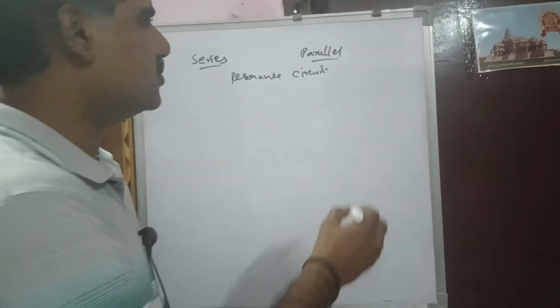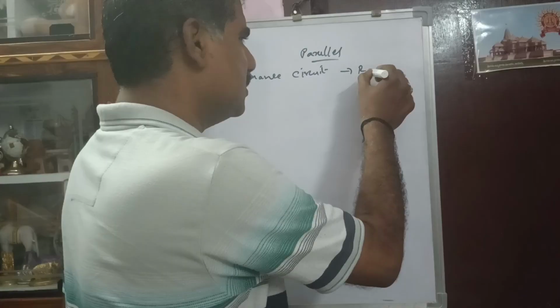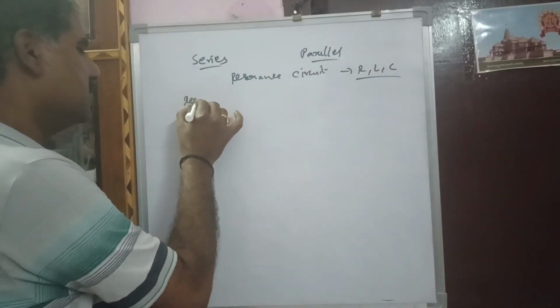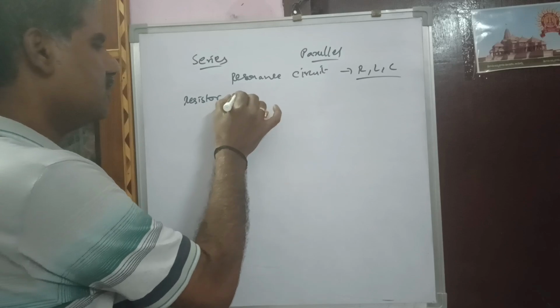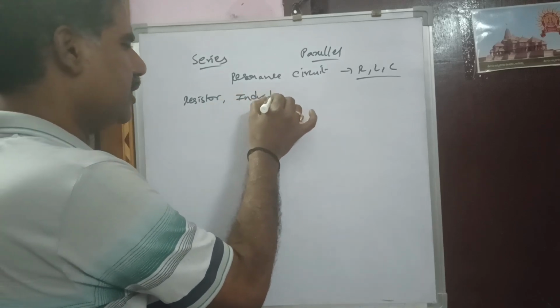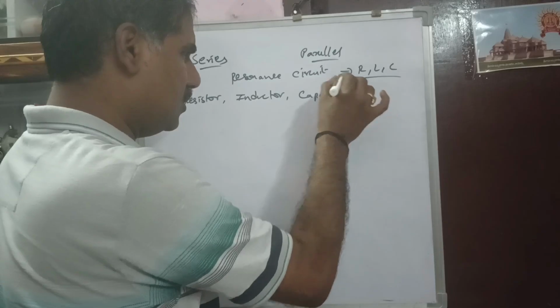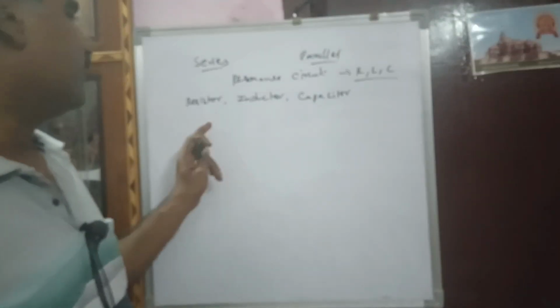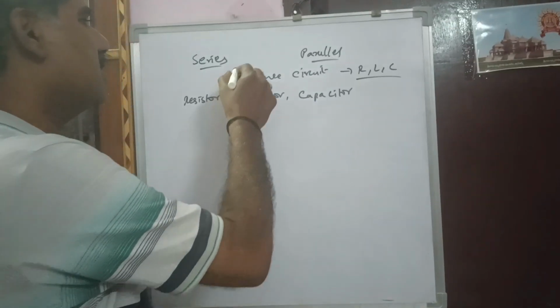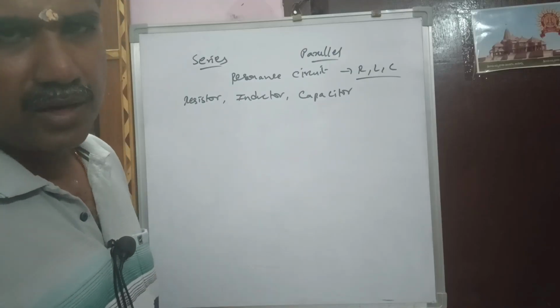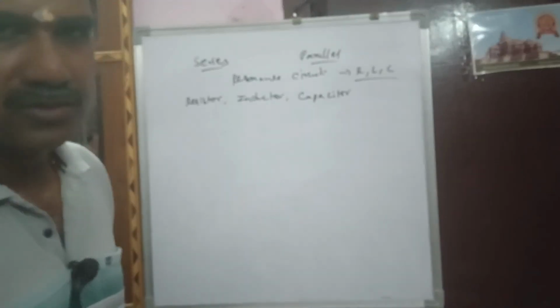In this we take three elements: a resistor, an inductor, and a capacitor. If the three elements are connected in series, it is known as a series resonance circuit, whereas if they are connected in parallel, it is known as a parallel resonance circuit.